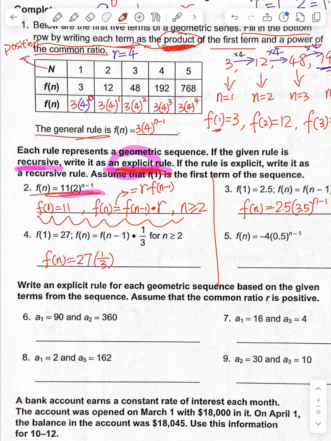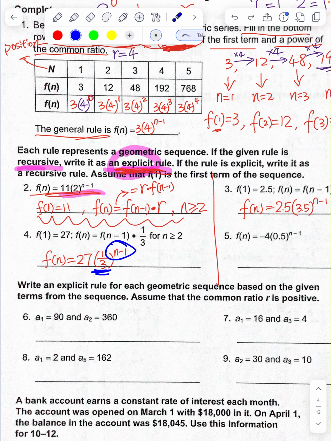So 1/3 raised to the power of n minus 1. Sometimes you will see some books put a parenthesis on the power. But you don't have to, because n minus 1 is the power. It's raised above the common ratio. And here we don't have any multiplication or other stuff, so you don't have to use the parenthesis.